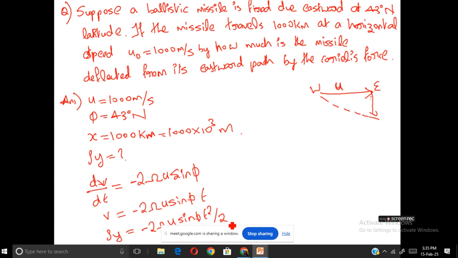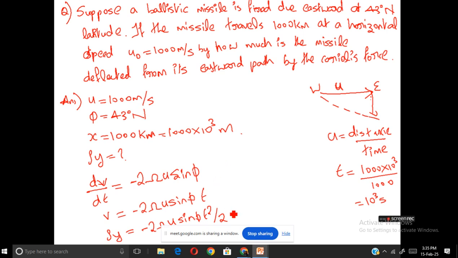Instead of time, they have given the distance traveled. Since u is distance by time, we can calculate t equal to 1000 into 10 raised to 3 by 1000, which is 10 raised to 3 seconds, or 1000 seconds.